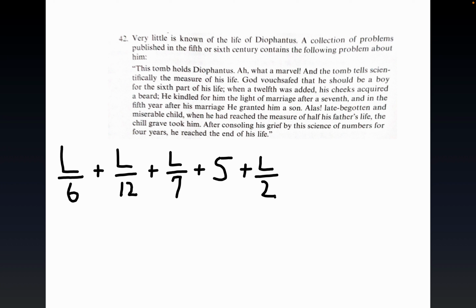So after his son died, there's not much about his wife here, is there? But he lived another 4 years, right? Right? So all of this has to add up to his entire lifespan. So I'm going to put equals L. Right? Now, so what do we do here?